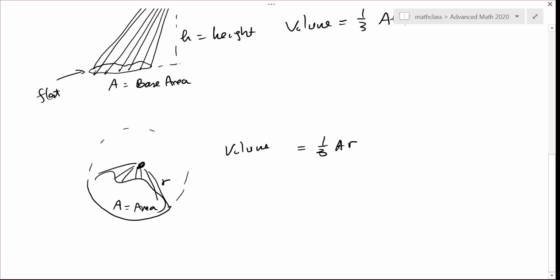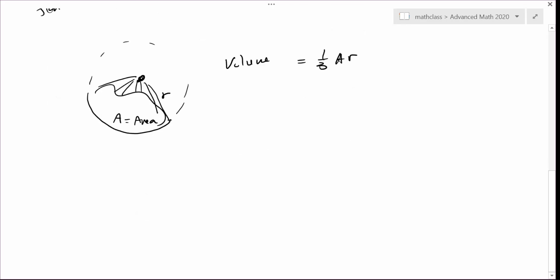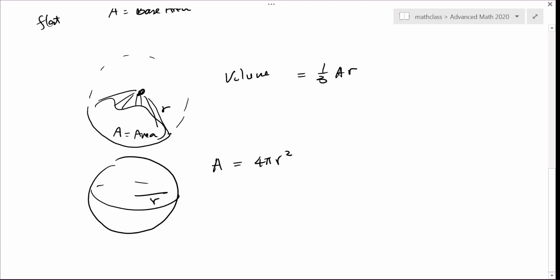Now the special case: this can be a hemisphere portion. The special case is the whole sphere. The surface area is going to be 4 pi r squared. Do you remember? And then the volume is 1/3 of A times R, which is 1/3 of 4 pi r squared times r, so that's 4/3 pi r cubed.